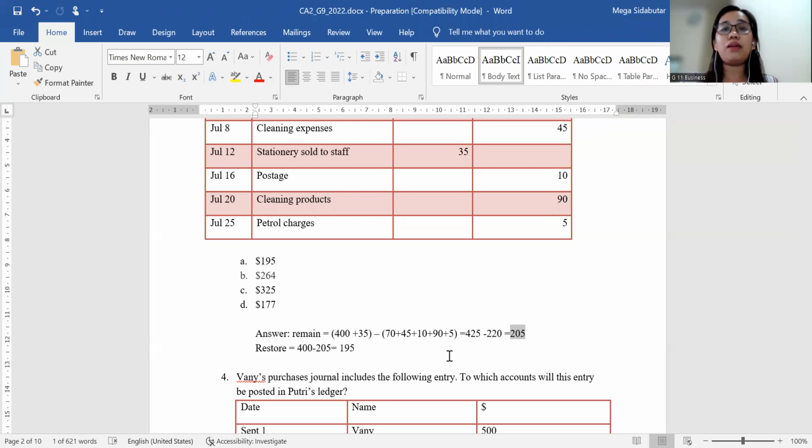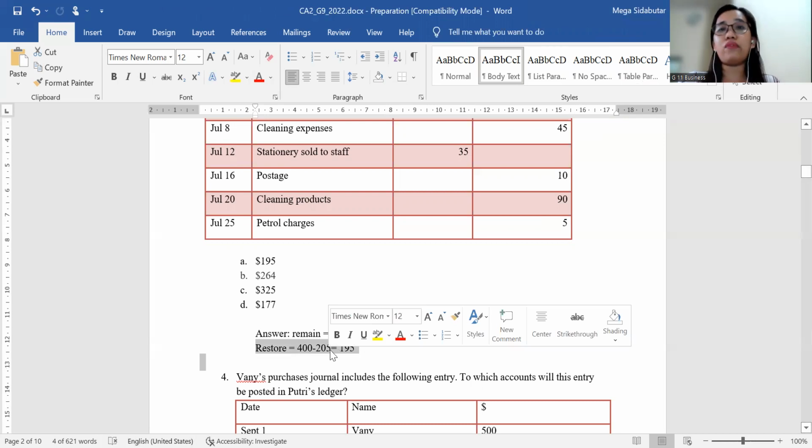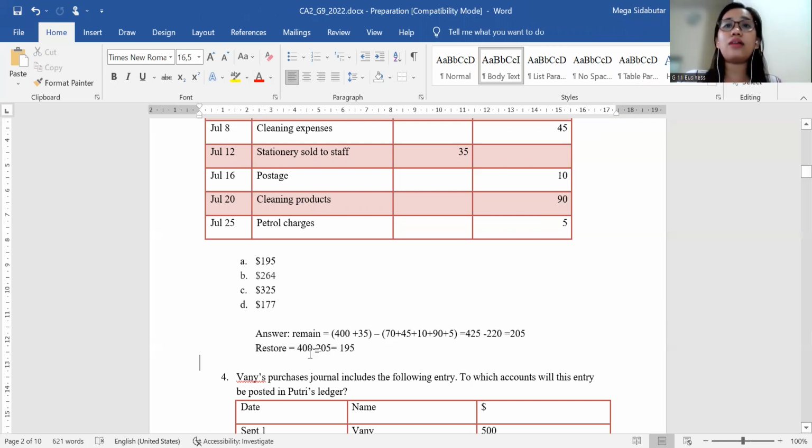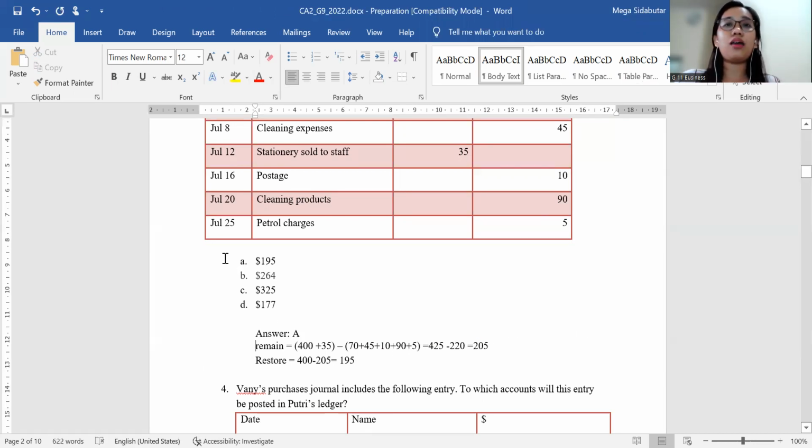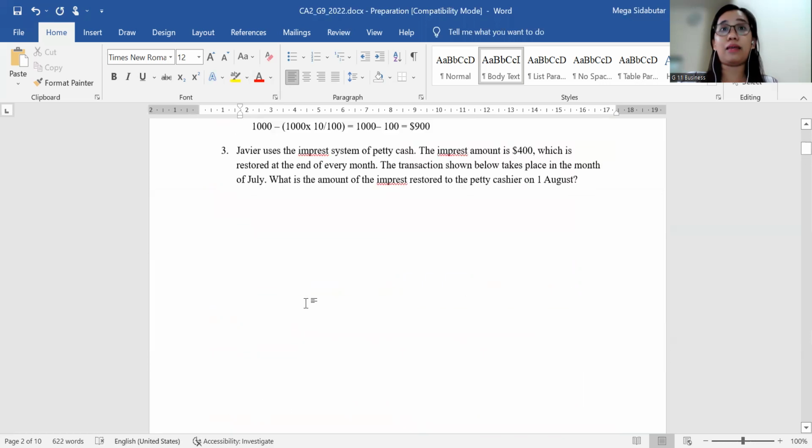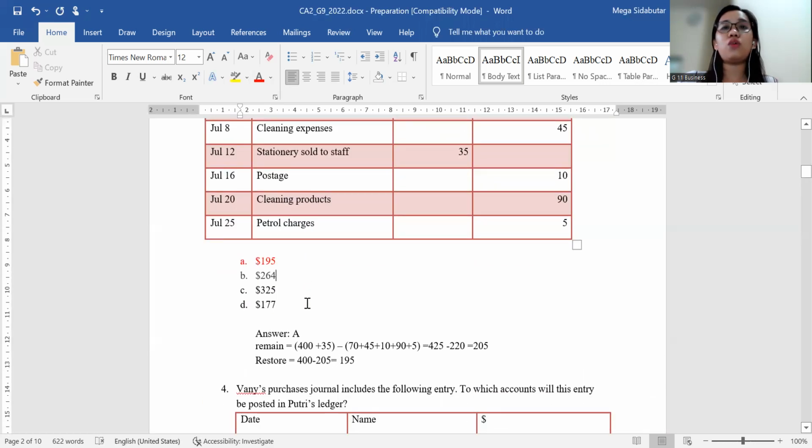So the total money we need to restore is 400 minus the remaining 205, so it is 195. The answer for this one is A. That will be for question number 3. Now we are going to question number 5.